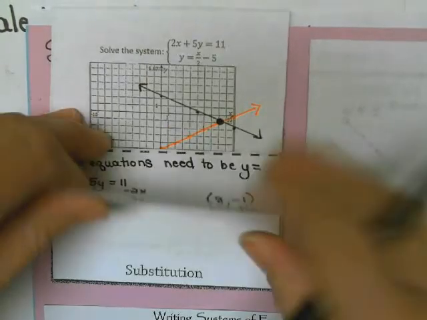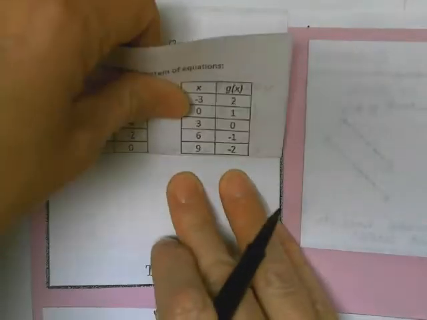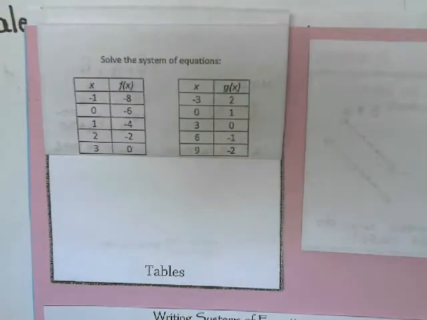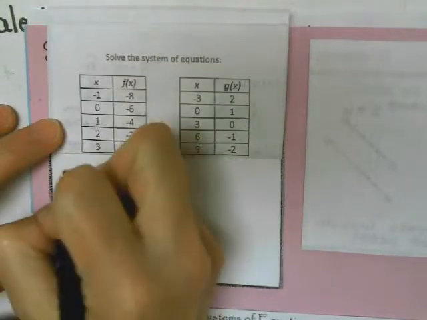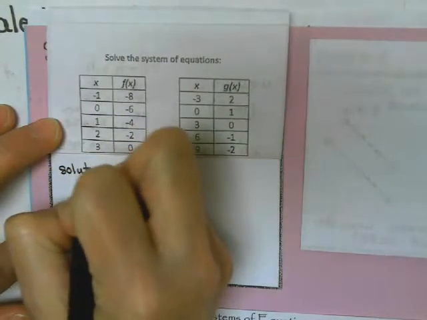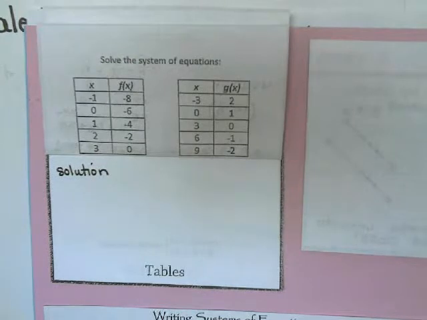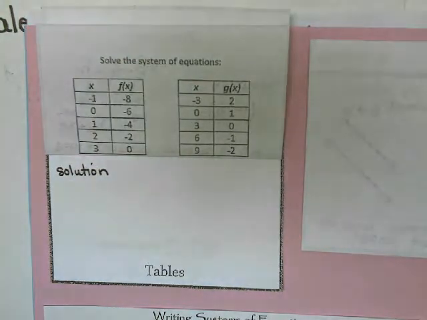So our next method, if we flip, is going to be tables. So remember that when we look at tables, the solution is where I have the exact same ordered pair.